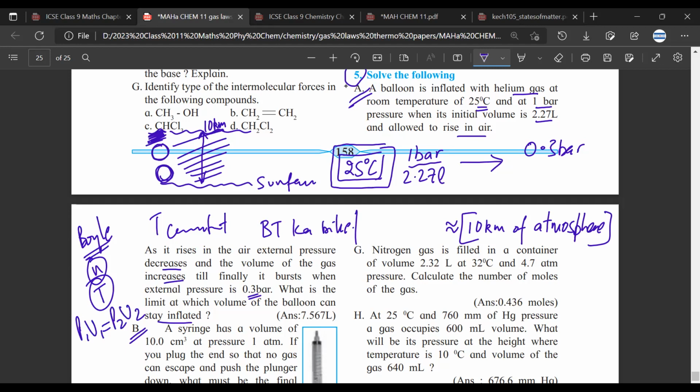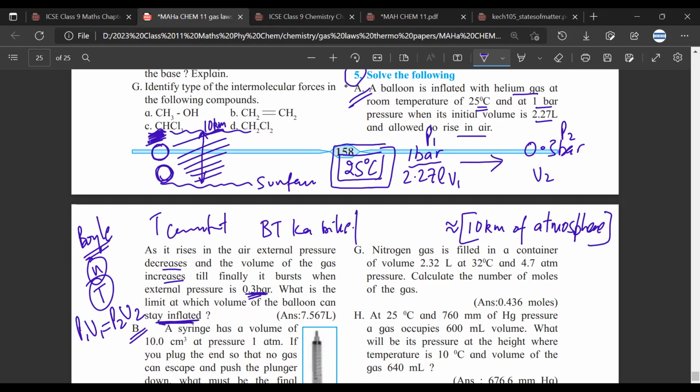Any doubt? Now, this is condition 1. So this is P1, this is V1, this is P2, and this would be V2. So what is the limit at which the volume of the balloon can stay inflated? See, it bursts at 0.3 bar.